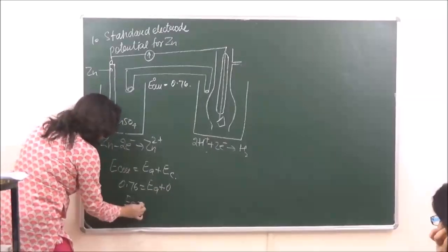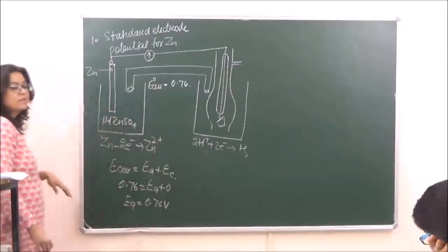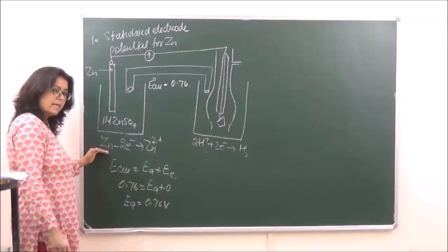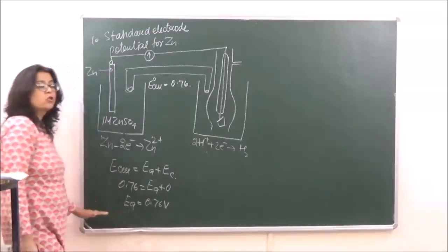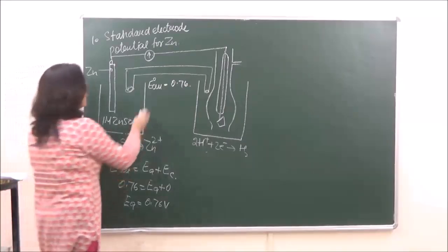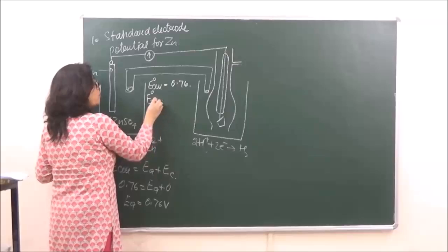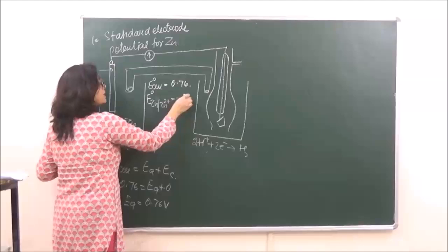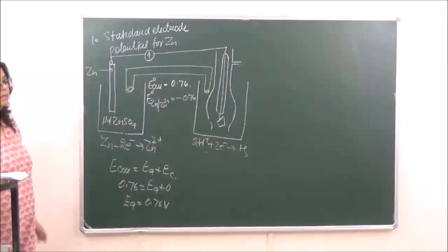Therefore, E anode comes to 0.76 volt. But as at anode oxidation is taking place, the value should come negative. So it is said that the value of E0 for Zn to Zn2 positive is minus 0.76.